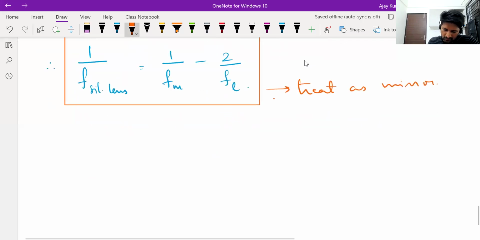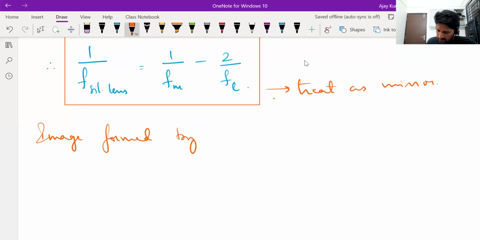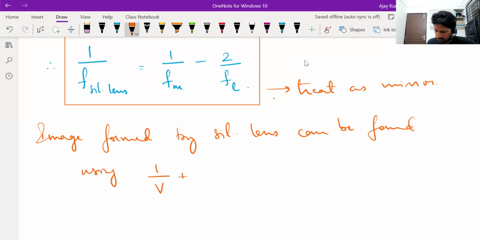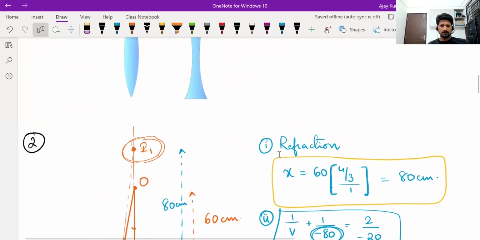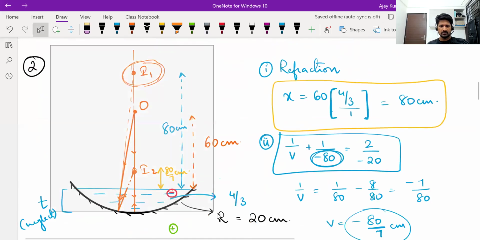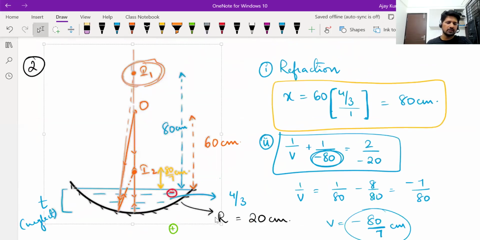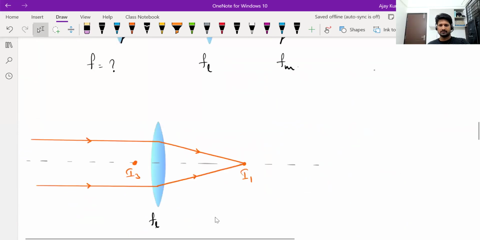So image formed by the silvered lens can be found using 1 by V plus 1 by U is equal to 1 by focal length of the silvered lens, because silvered lens is ultimately a mirror. Let's apply this to that water question. Okay, I'll copy this diagram. We are going to treat this water plus mirror combination as a silvered lens.